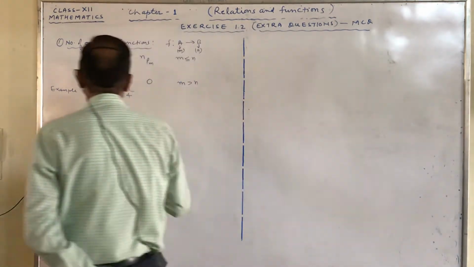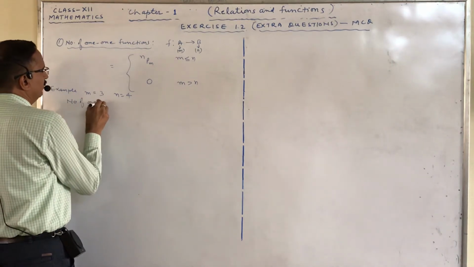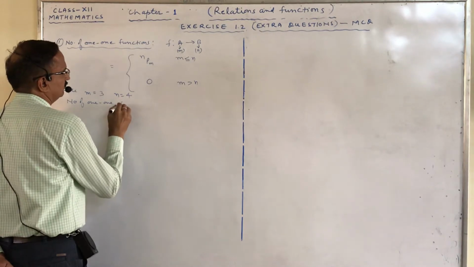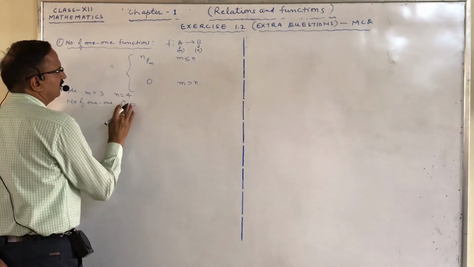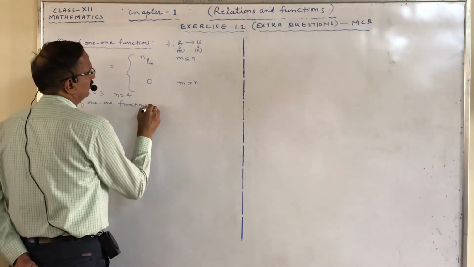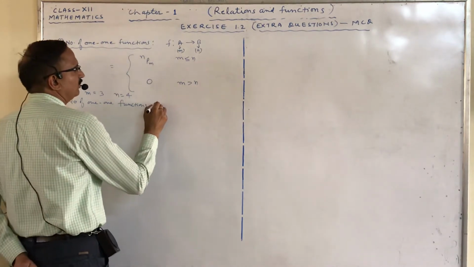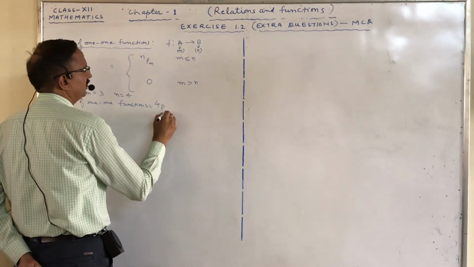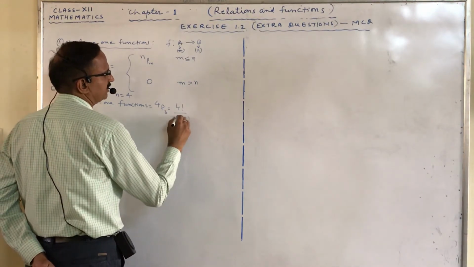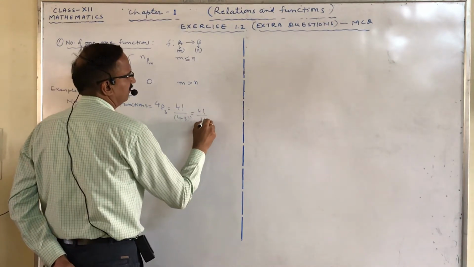So when we calculate the number of one-one functions, this equals, in place of n and m, 4P3, that is 4 factorial upon 4 minus 3 factorial, which is 4 factorial upon 1 factorial.